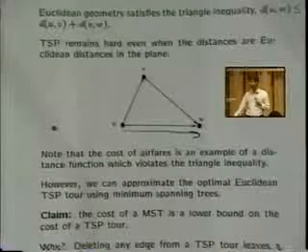What is the point of this thing? My claim is that although the traveling salesman problem is hard, with points in the plane we can always come up with an approximation that's close to the optimal answer. Why is that?